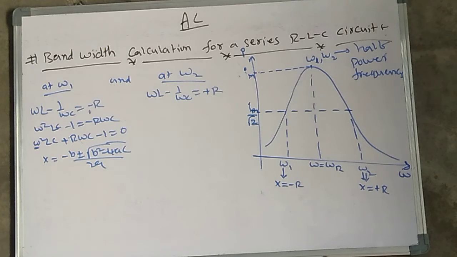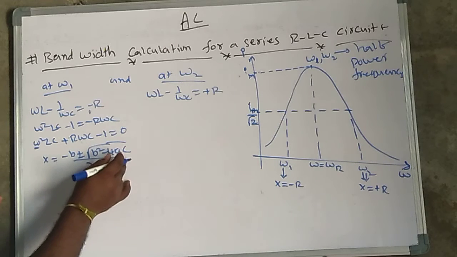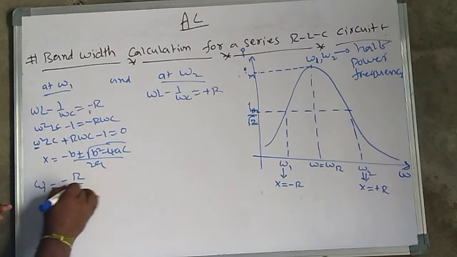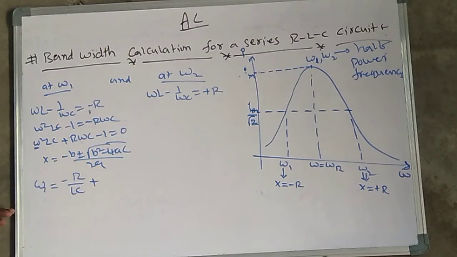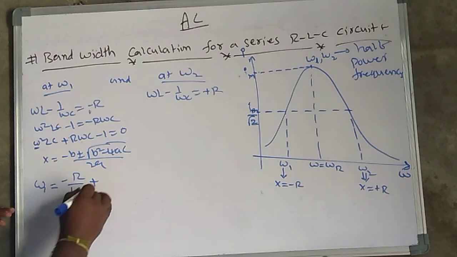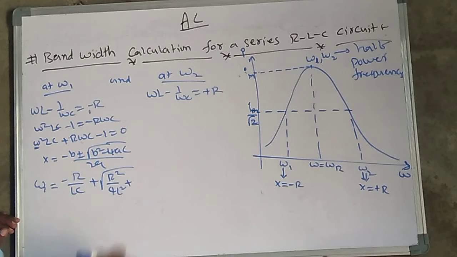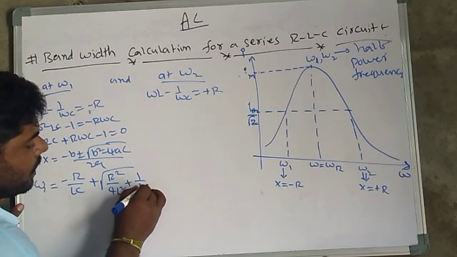Substituting these values, you will get omega 1 is equal to minus R by 2L plus under root of R square divided by 4L square plus 1 by LC.